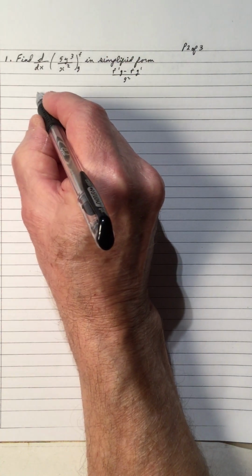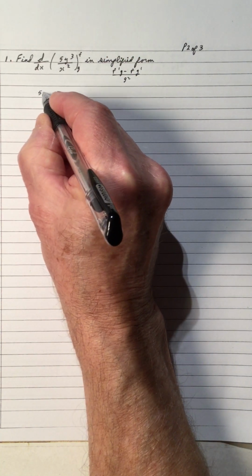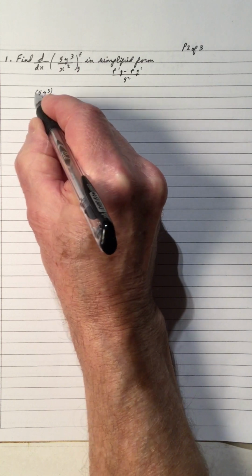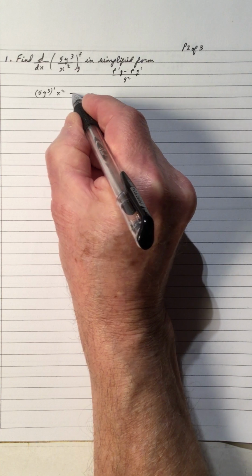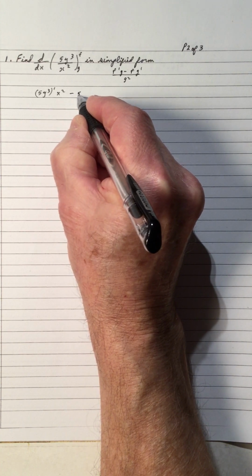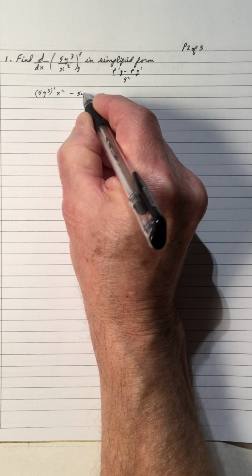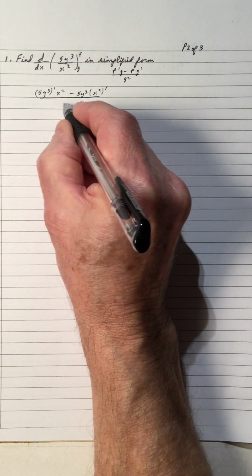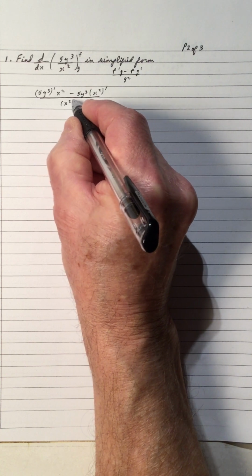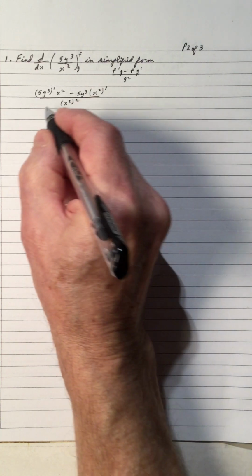So we have the derivative of f times g, 5y cubed, subtract f, which is 5y cubed, times the derivative of g, all over g, which is x squared, and we've got to square it.